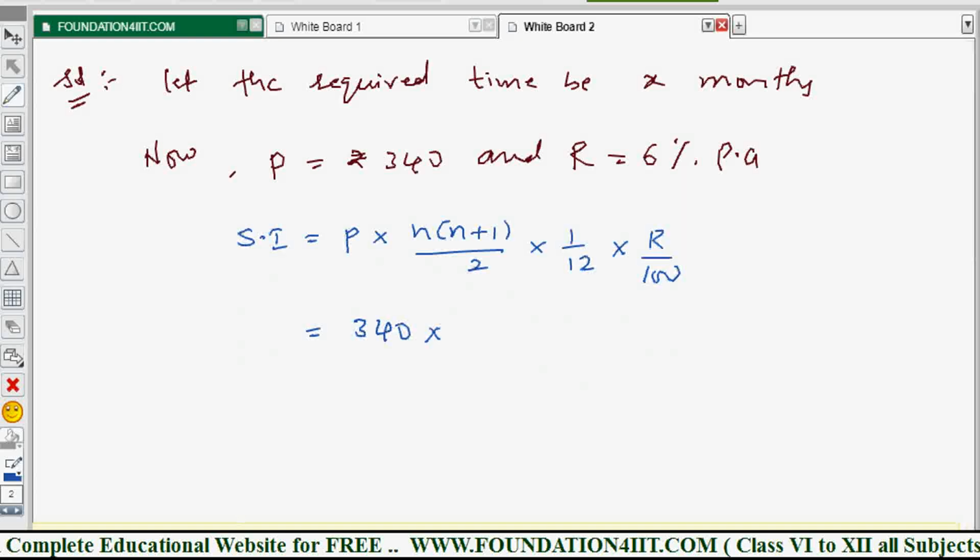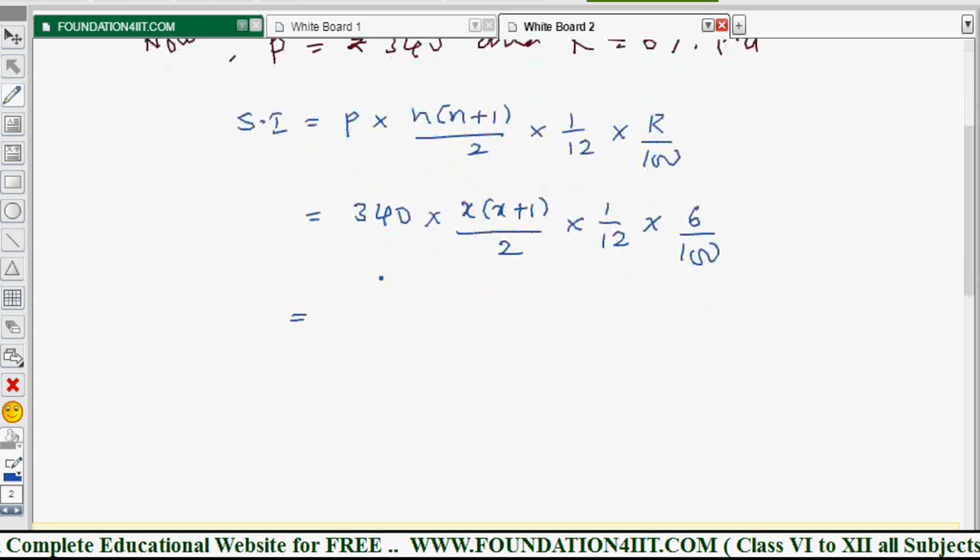The n value we don't know, so we take the number of months as x. So in the place of n, I am taking x: x into (x plus 1) divided by 2, into 1 by 12, and R value is 6 by 100. This is the simple interest. Let us simplify this value. If we simplify 340, we can cancel where possible.